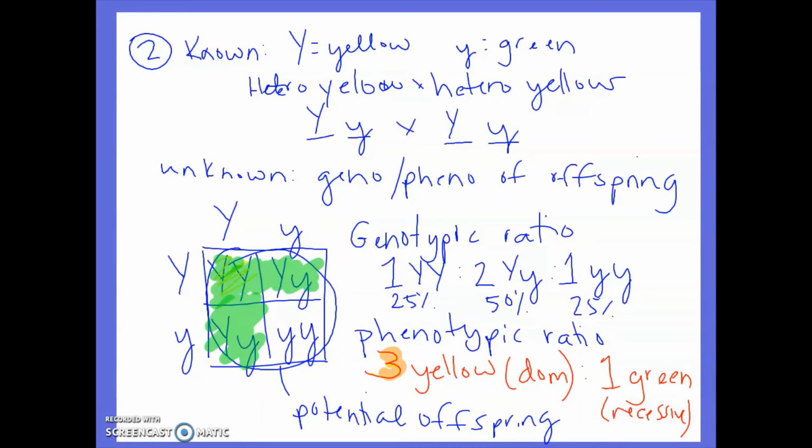All right, we'll do one more example together. We're going to do number 10 and set that up so that it will help you do 11 and 12. Number 10 is looking at a rare human blood disorder that's caused by a recessive allele that makes people appear blue. So what I know here is that we have a dominant allele and a recessive allele.